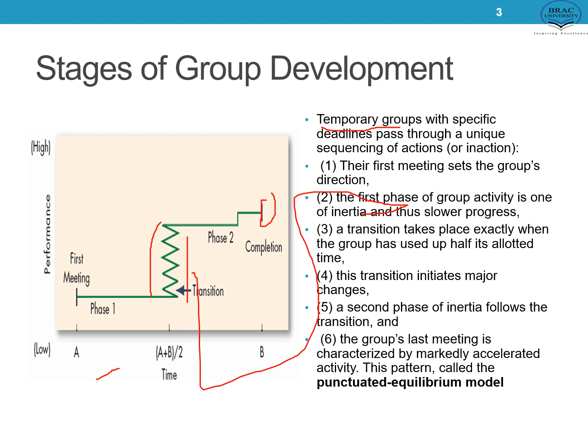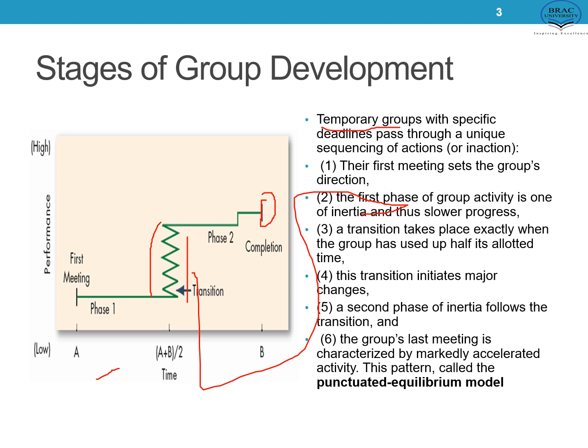First of all, the group starts with their meeting, identifying the activities they have to do, which is part of phase 1, and as soon as they do so, they reach the inertia stage, a kind of transition phase. After they go through the transition phase, they step into phase 2. In phase 2, they start actually working, they speed up their activity, and they go to the end.